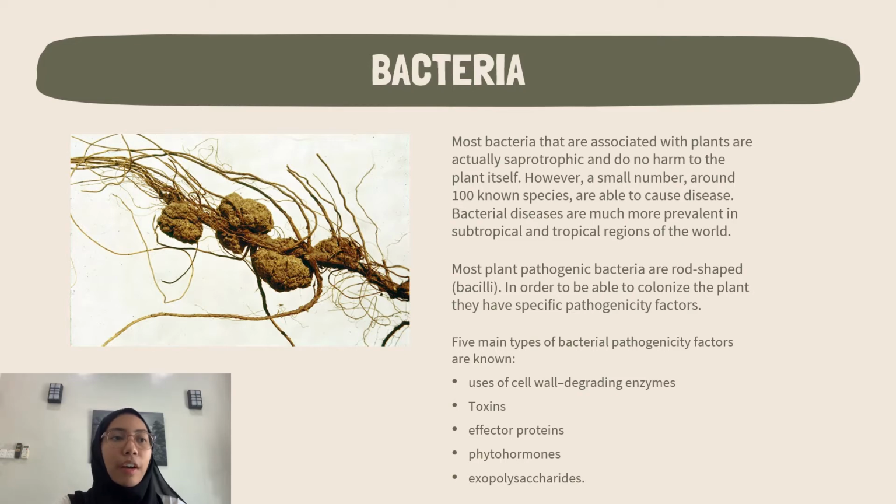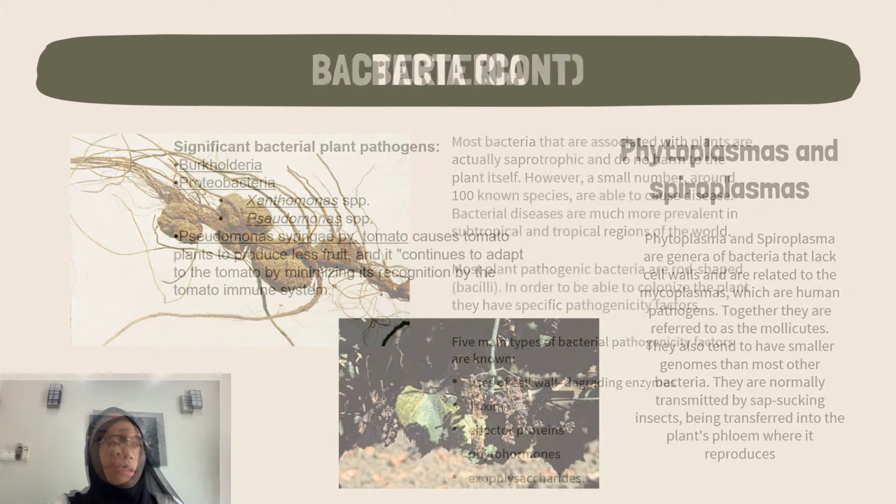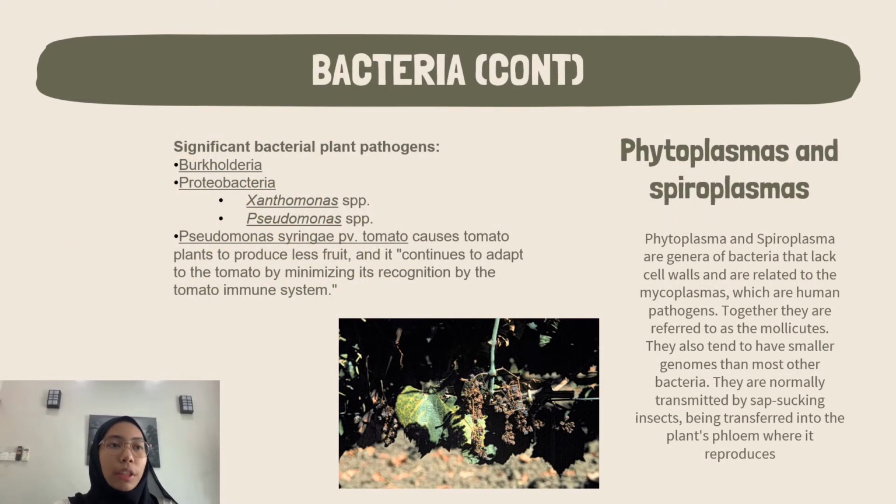We have five main types of bacterial pathogenicity factors known. First, the use of cell wall degrading enzymes, toxins, effector proteins, phytohormones, and also exopolysaccharides. For significant bacterial plant pathogens, we have three.